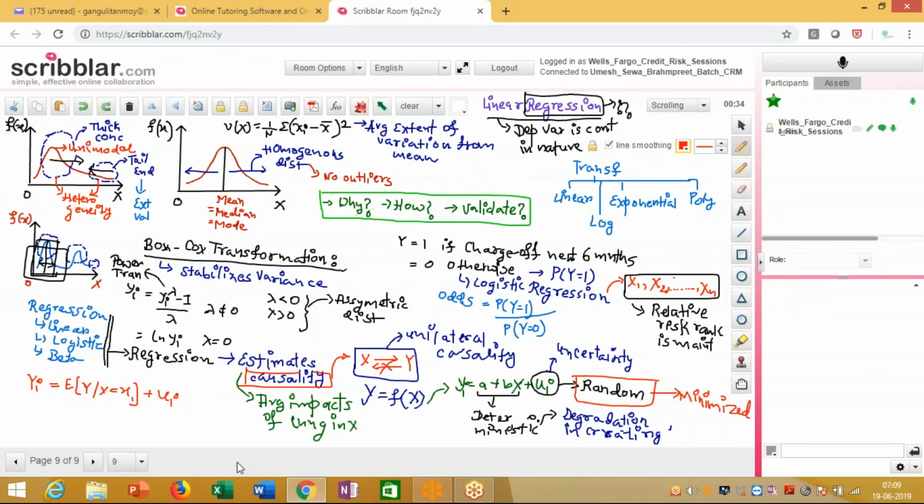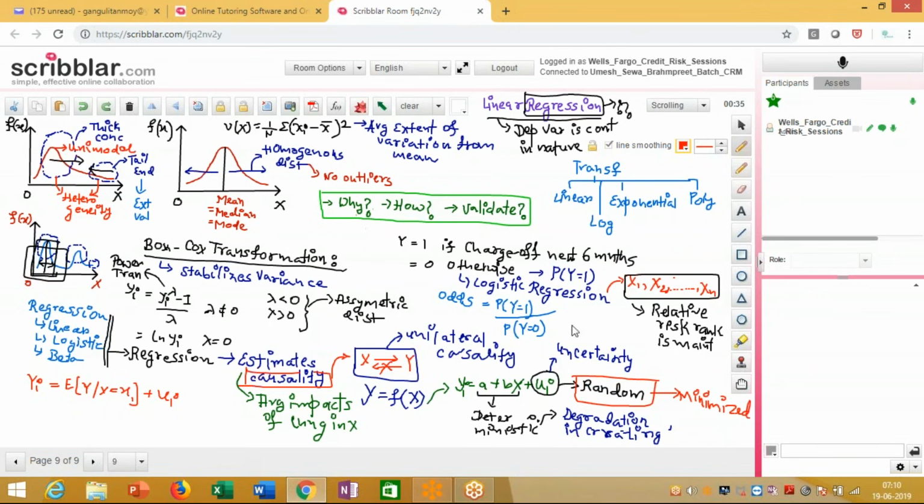So yi is comprised of two parts: one is the deterministic, the average component, where I'm trying to predict the expected value that yi has given a particular set of values of xi. The expected value of yi given x equals xi is the deterministic, average, or expected component.